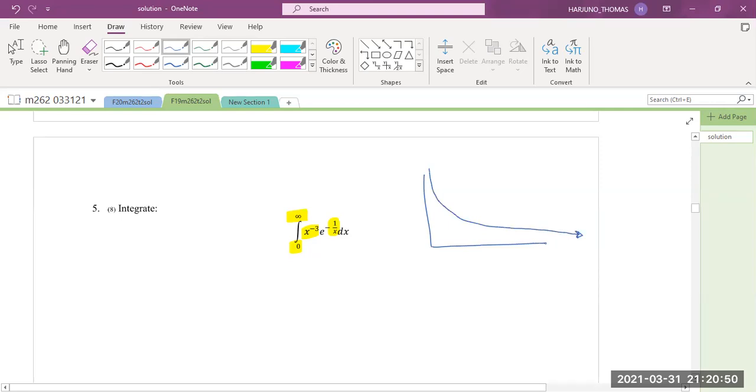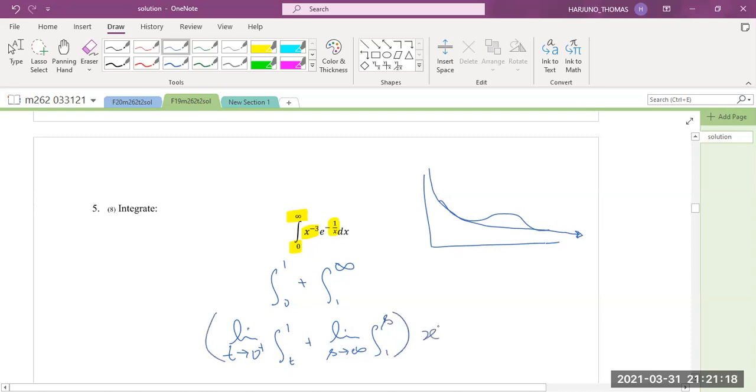Something like that, maybe, or maybe it has some bomb somewhere. So when you break it up later on, you have the integral from 0 to 1 maybe, plus the integral from 1 to infinity, and you do the limit as t goes to 0 from the right-hand side, plus the limit as s goes to infinity of that x to the negative 3 e to the negative 1 over x dx.